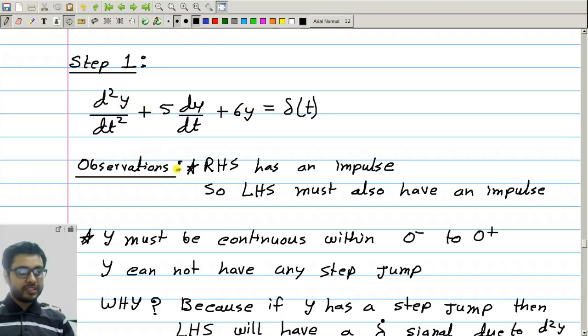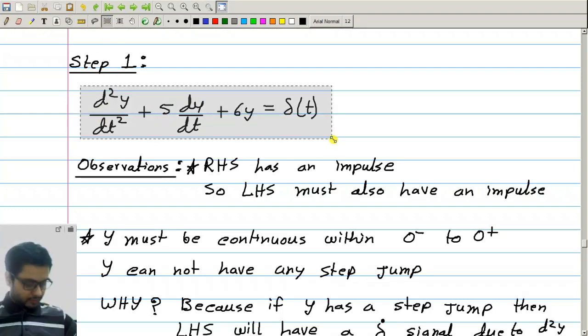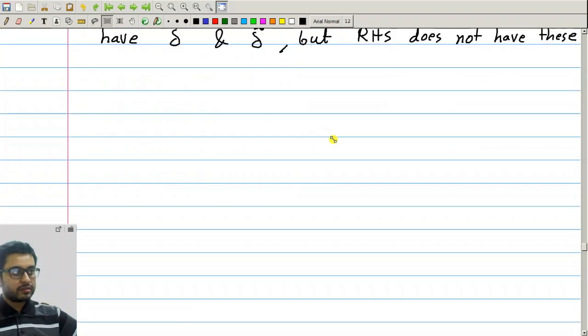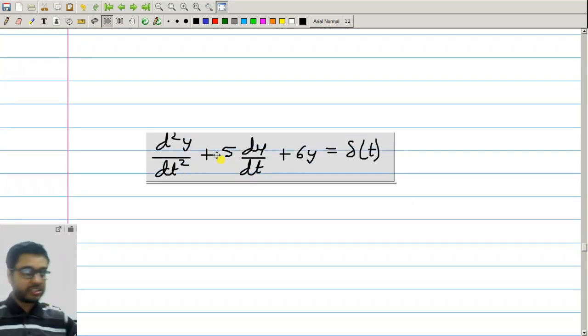Now with these observations, let us proceed by integrating both sides of this equation. Copy, paste.